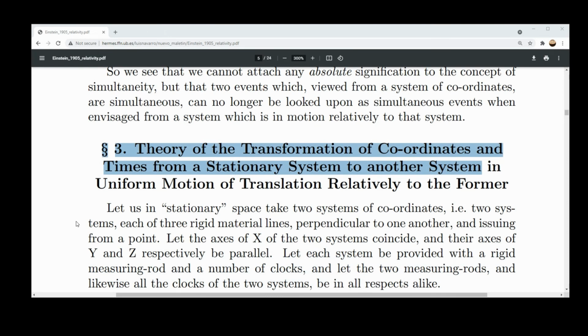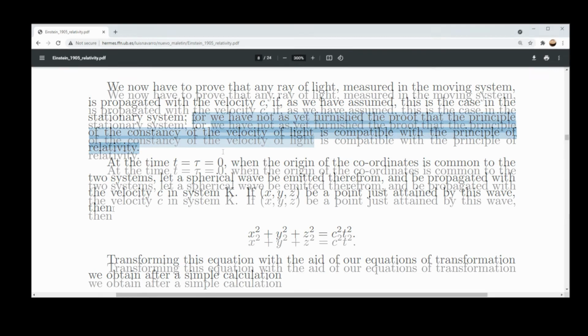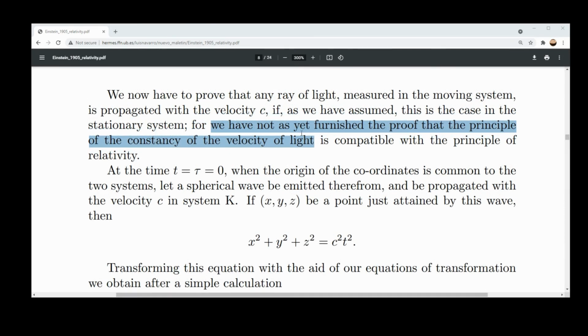Now, if you're still a believer in this idea of relative simultaneity, in section 3, this is where it gets put to the test. And this test is called the spherical wave proof. The purpose of this proof is to show that the second postulate of the constant velocity of light is compatible with the first postulate of the principle of relativity.